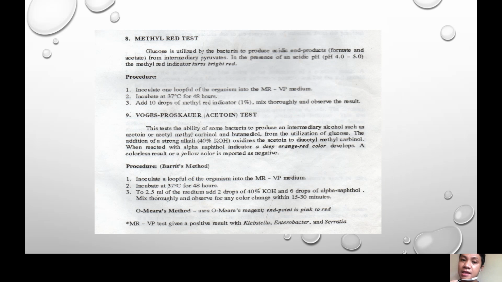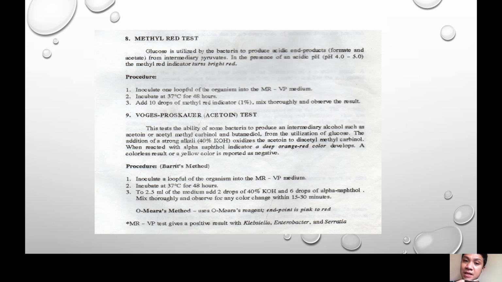Okay, then we have also here the methyl red and the Voges-Proskauer. Some bacteria convert the glucose to pyruvic acid and further convert that one to mixed acids, like your lactic acid, acetic acid, formic acid, succinic acid.